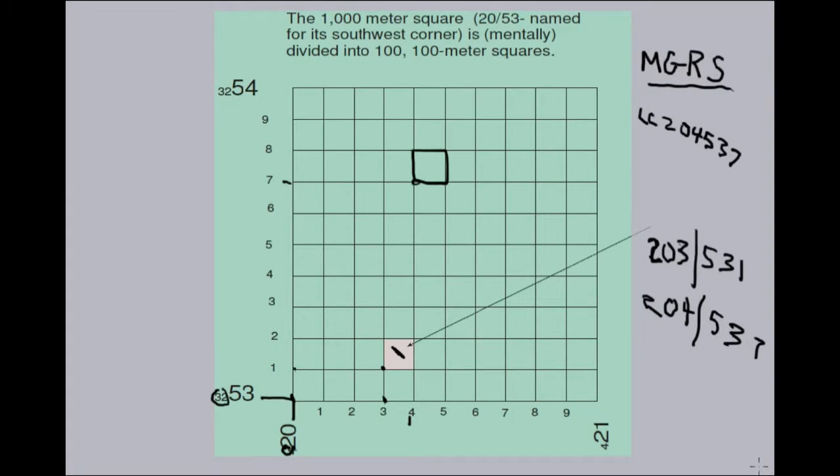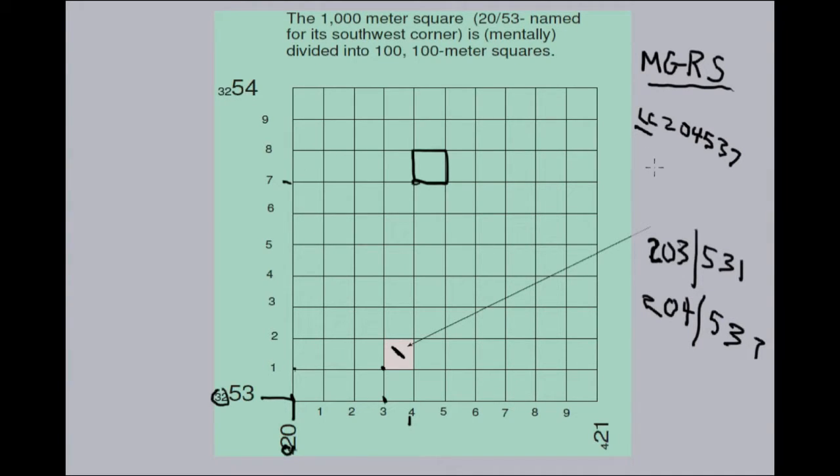The very last thing I want to look at here is the Military Grid Reference System, MGRS. The military grid is based on the UTM grid with just a few changes. In the military grid, the 100,000 meter square is labeled with 2 letters, and there's a system for labeling each 100,000 meter square with 2 letters, and the letters are usually stated in the phonetic alphabet.